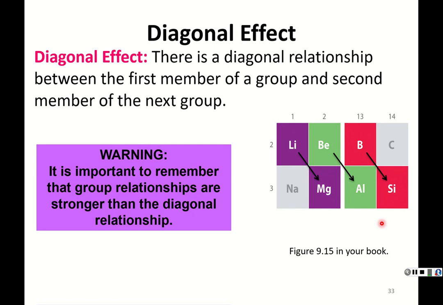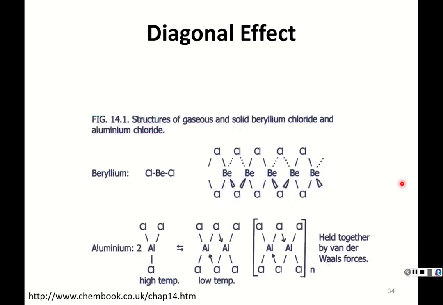It's important to remember that the group relationships are stronger than this diagonal relationship. The group that an element is in is far more important in terms of chemistry than this diagonal relationship. Some things that come from the diagonal effect are the structures of gaseous and solid beryllium chloride and aluminum chloride.